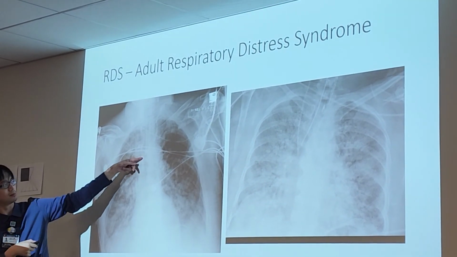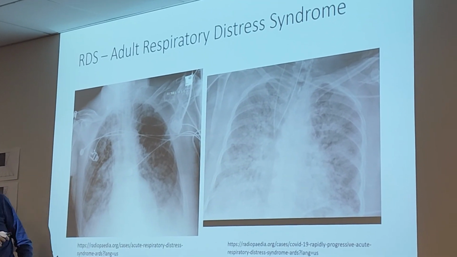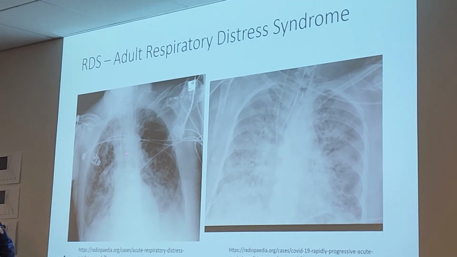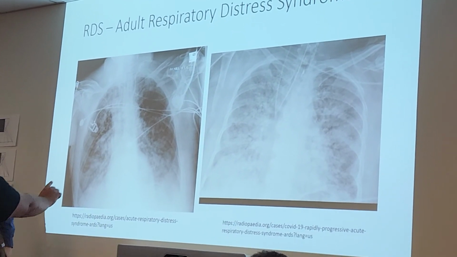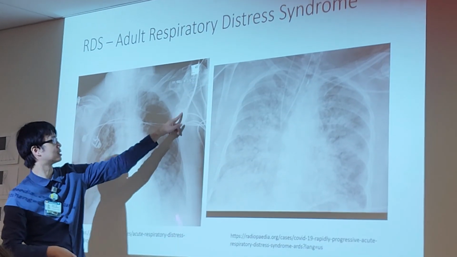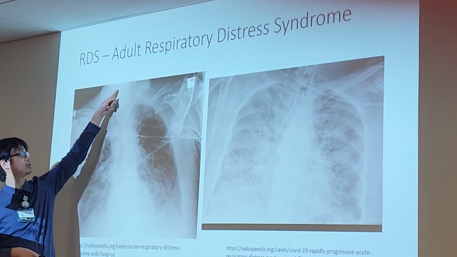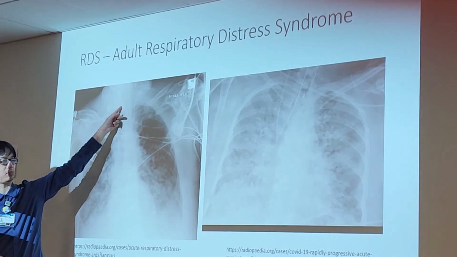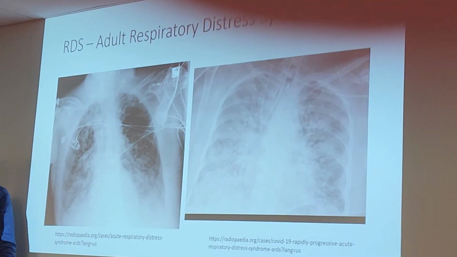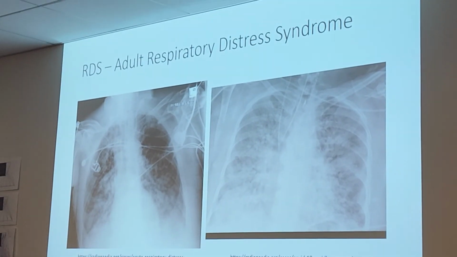So this tube here is inside the trachea. This tube here is outside the body, leading towards the mouth. This here is a breathing tube.